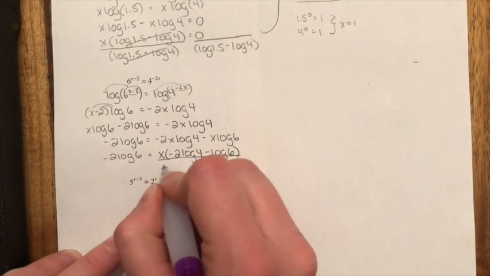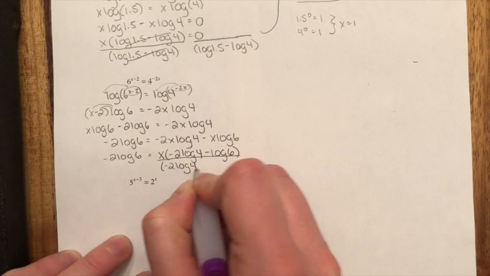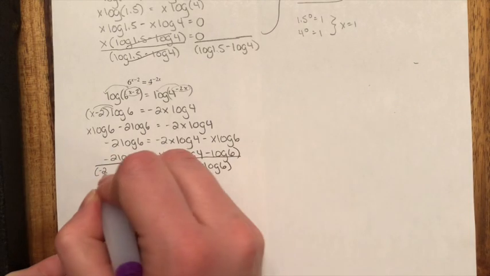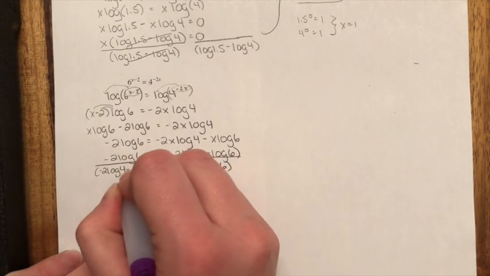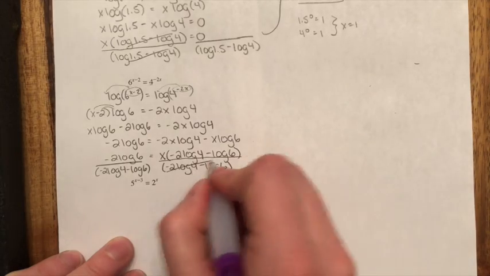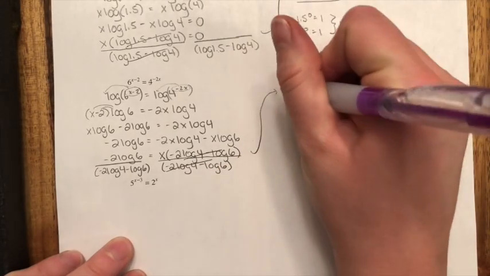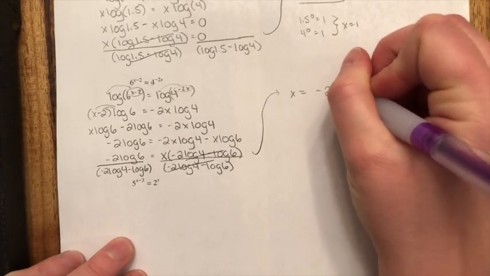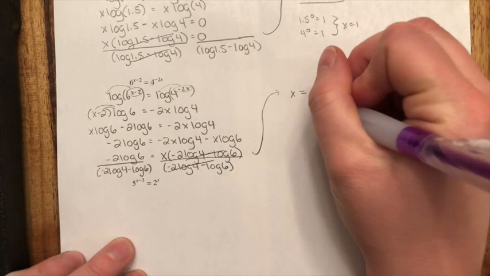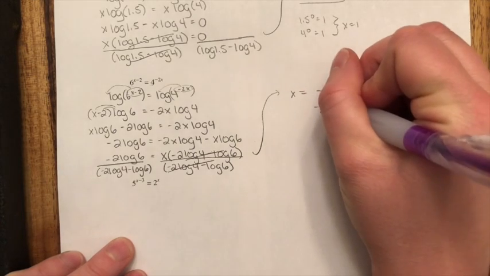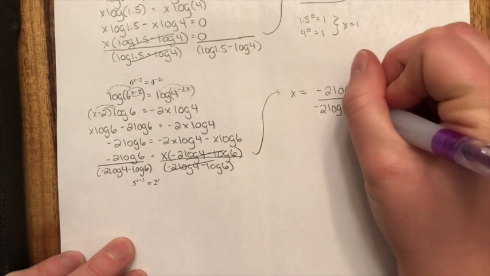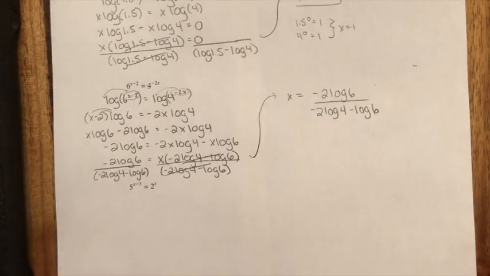To get x by itself, we're going to divide by this whole dealio. We're going to cancel from this side. So then x is equal to negative 2 log 6 over negative 2 log 4 minus log 6.